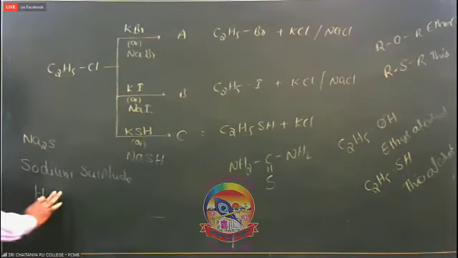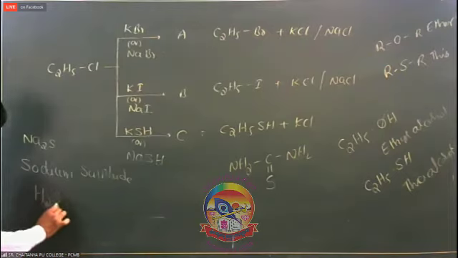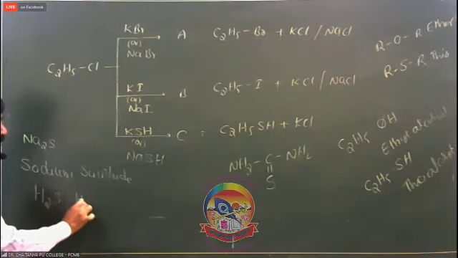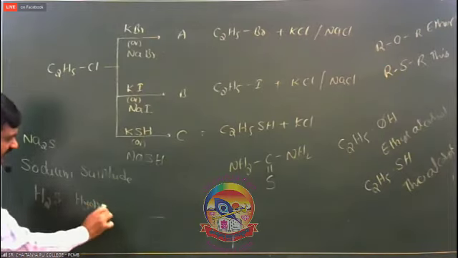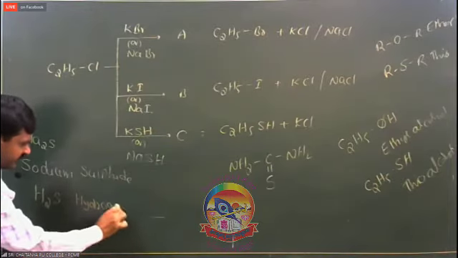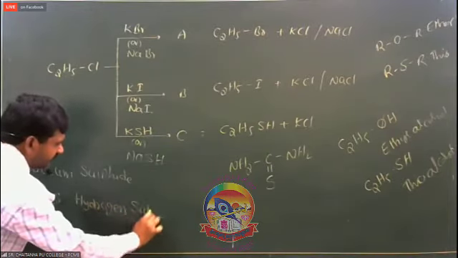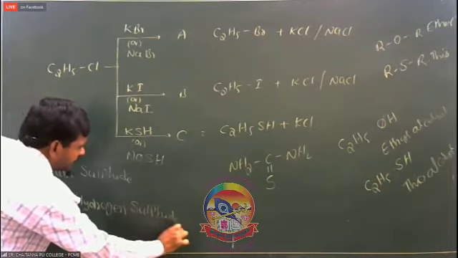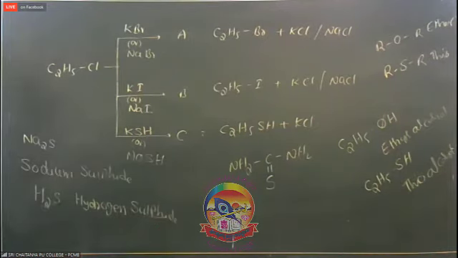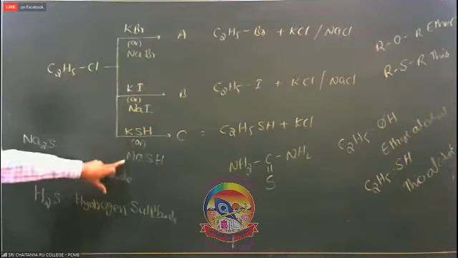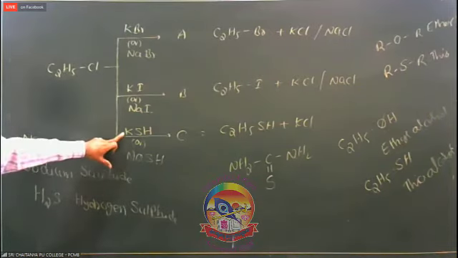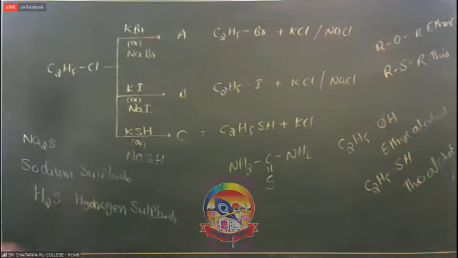H2S has a bad smell, a rotten smell, and it is called hydrogen sulfide. In H2S, one of the hydrogens is replaced by either sodium or potassium, so it is called sodium or potassium hydrogen sulfide.